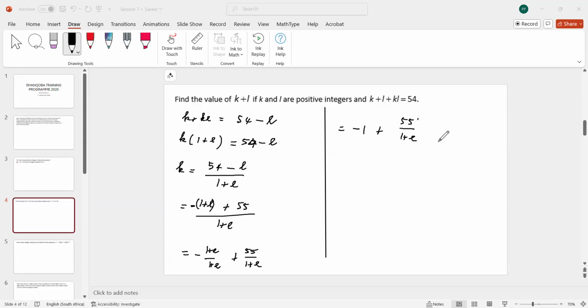It's a positive integer, because it's k, you see. K is a positive integer. We were told that k and L are positive. Now this is an integer, negative 1. So for this whole thing to be an integer, 55 over 1 plus L must be an integer.